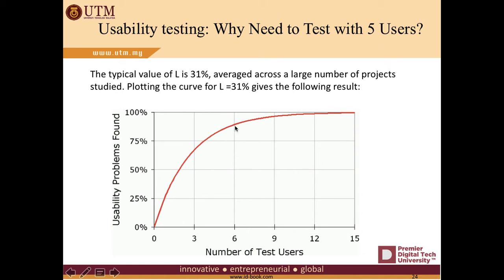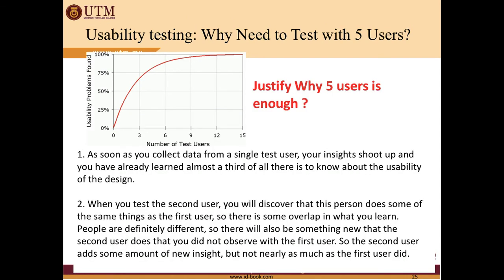With 6 users, we can get more than 75% of usability problems. And we stop at 12. That's why I would recommend you go for 15 users in usability testing. Why do we need only 5? Because there will be repetitions.